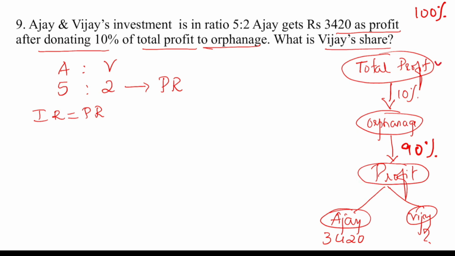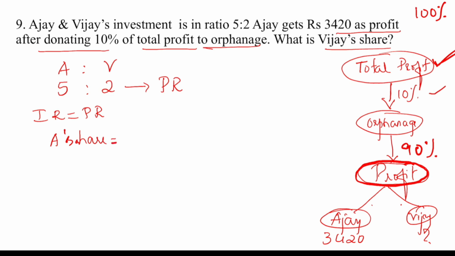We need not find out what the total profit was, because we are not interested in that. How much 10% they gave for the orphanage, we don't want. We just want the profit that they will share between Ajay and Vijay. Now we know Ajay's share is 3420.